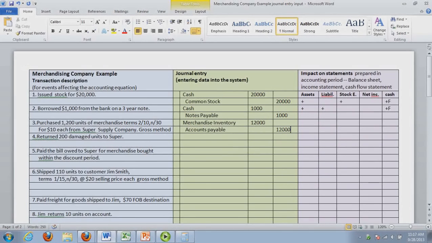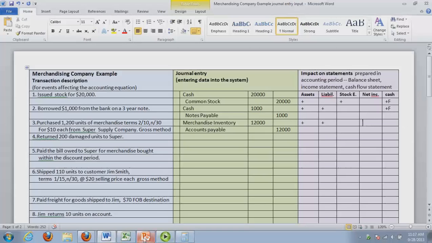And we'll deal with the discount later. Okay, so we have more resources, and we do owe money. And we have no impact on stockholders' equity. No effect yet on net income because we haven't sold the product, and there is no cash flow.